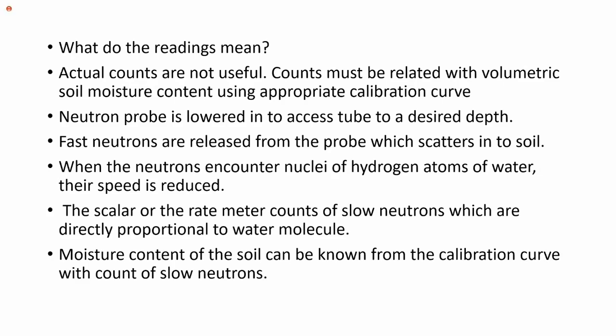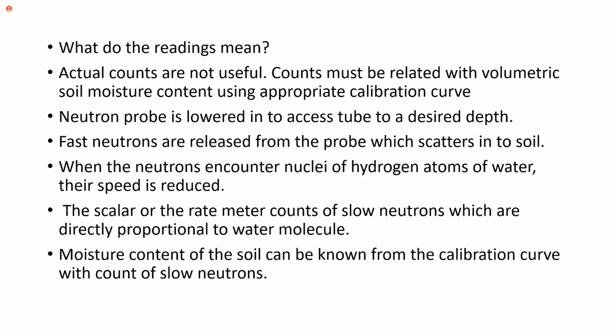So when the water molecules or moisture content is high, the meter reading will be high. With reducing moisture content, the meter reading will be reduced. So the moisture content of the soil can be known from the calibration curve with the count of slow neutrons. Before you start to measure, first of all, you have to get a calibration curve.